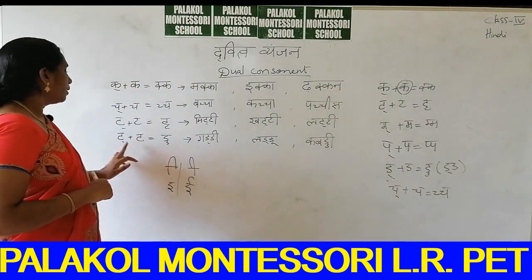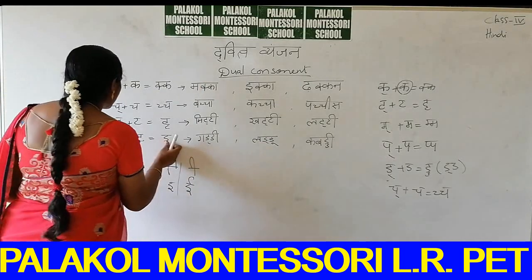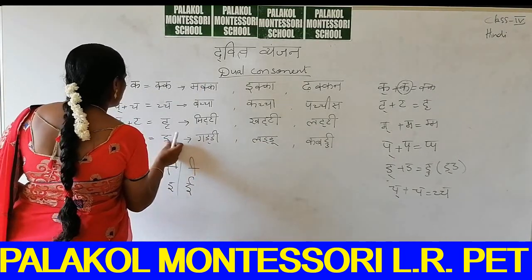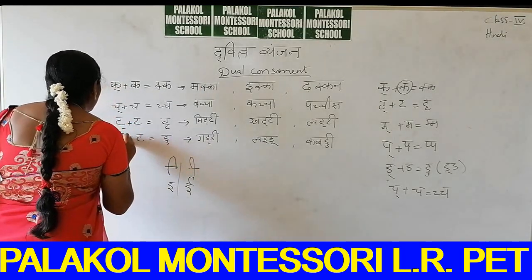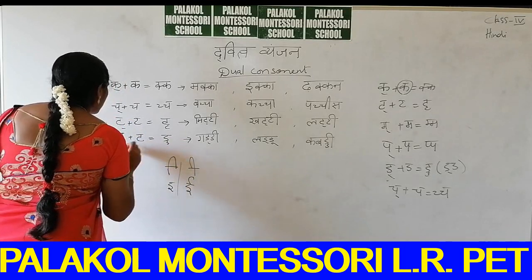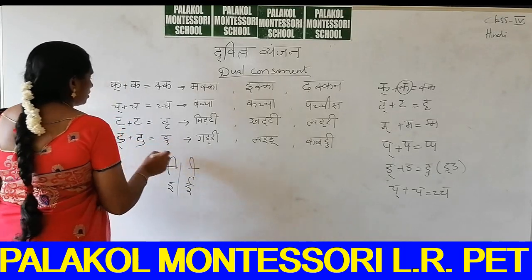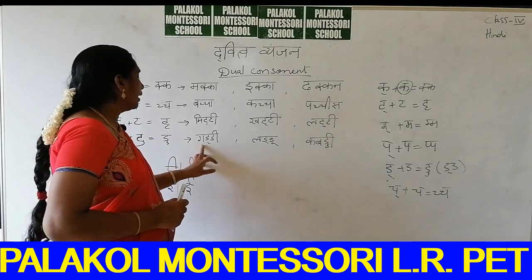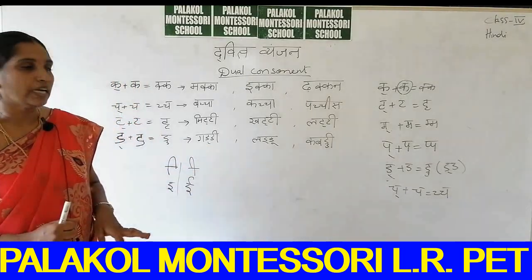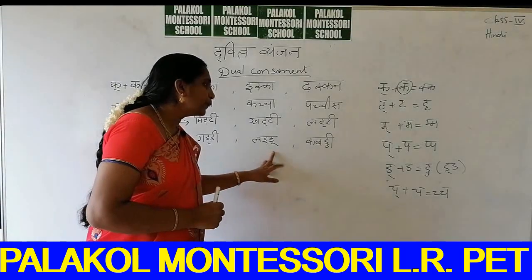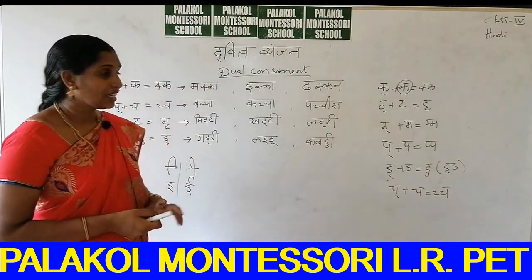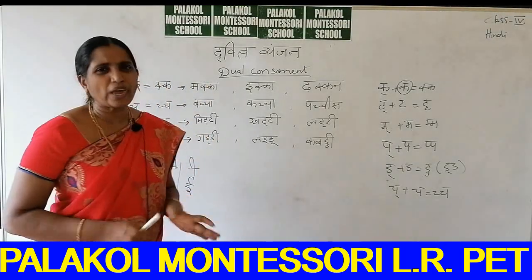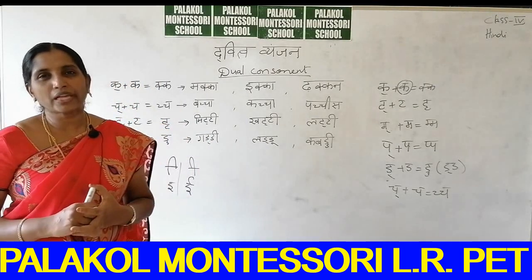Next, da plus da is equal to dda. So, gaddi. What is it? Gaddi. Laddu. Kabaddi. What is it? Gaddi means vehicle.